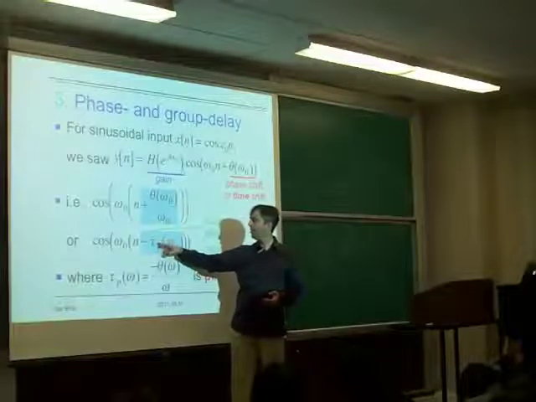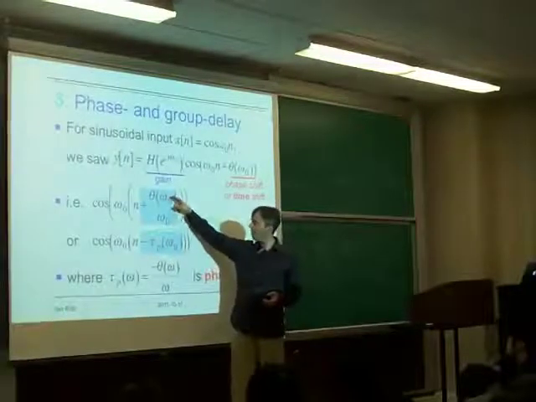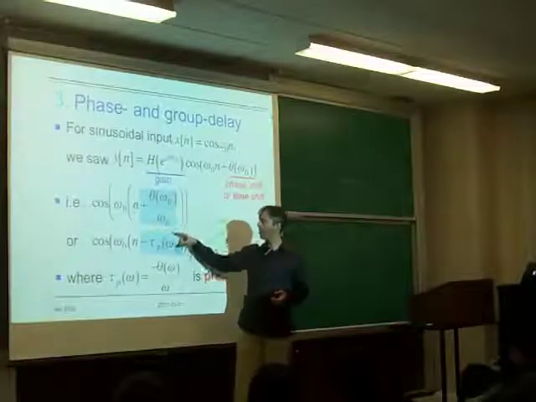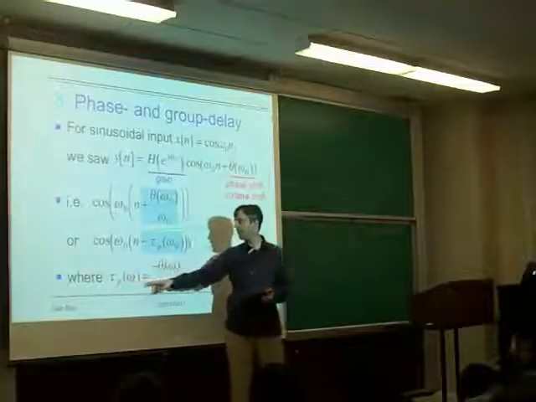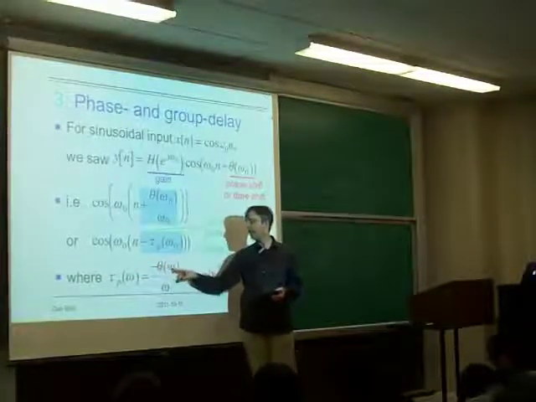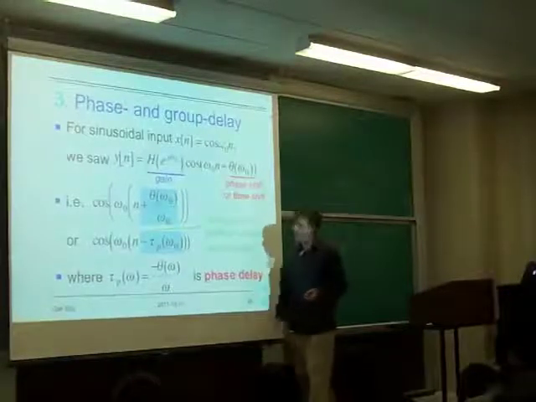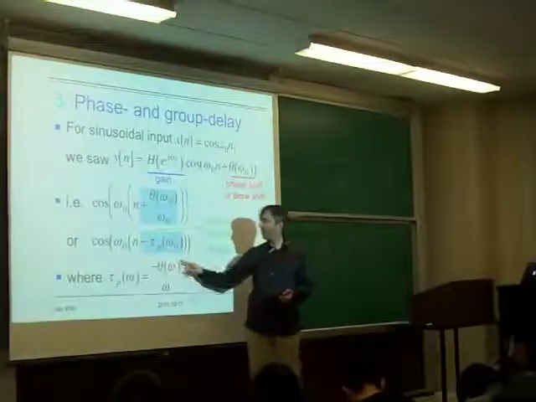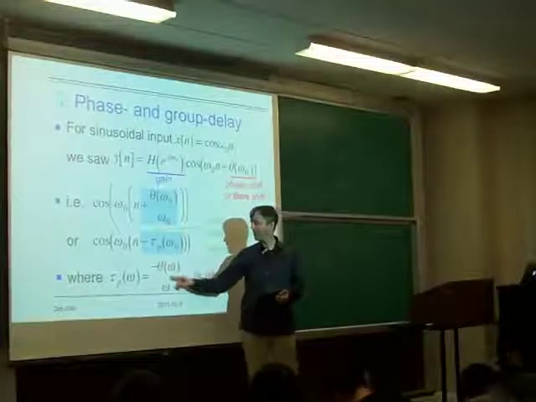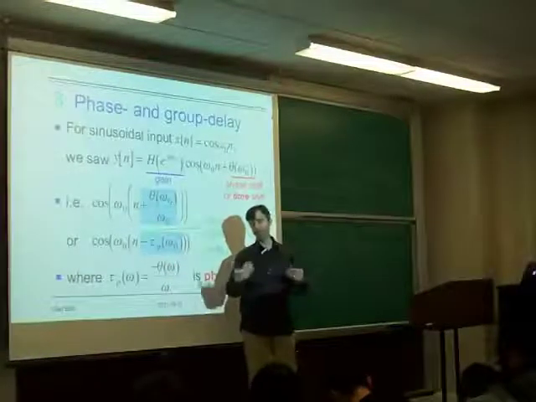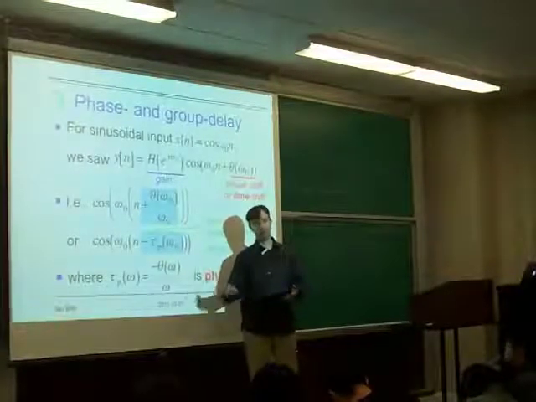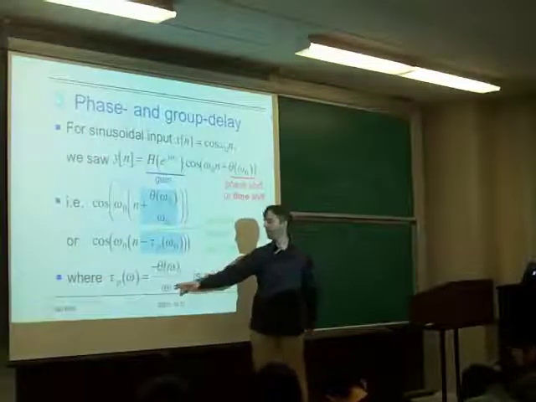So we want negative tau p of omega 0 to be theta of omega 0 divided by omega 0, or tau p, the phase delay of omega, to be the negative of the phase response at that frequency divided by the frequency. And so all we're doing is expressing the phase response as a proportion of the total phase per sample, the normalized frequency.